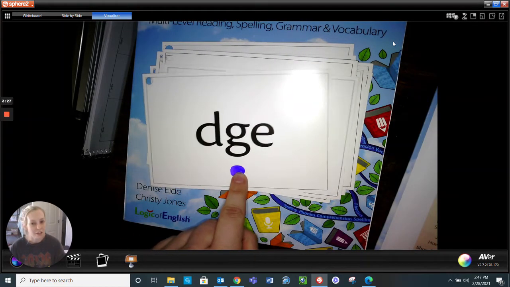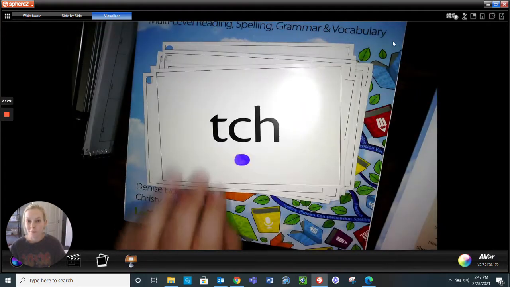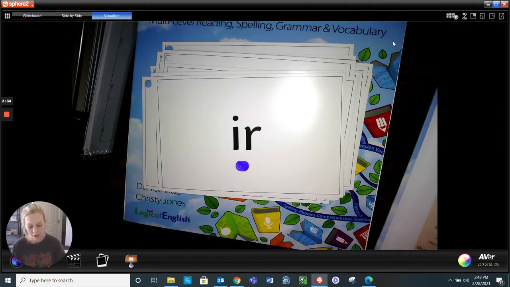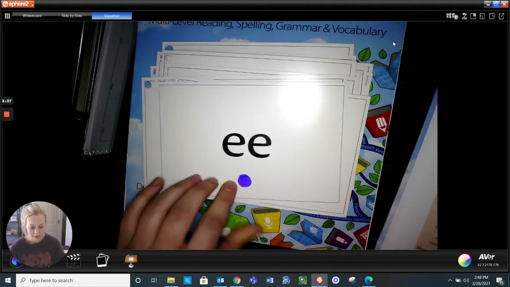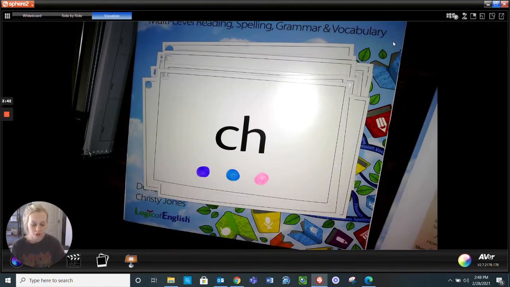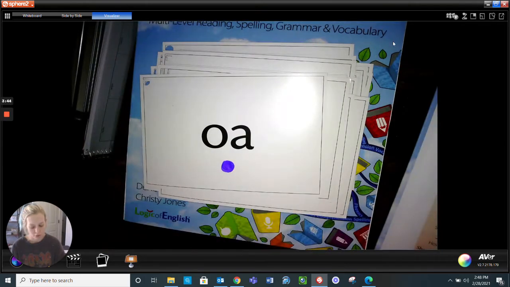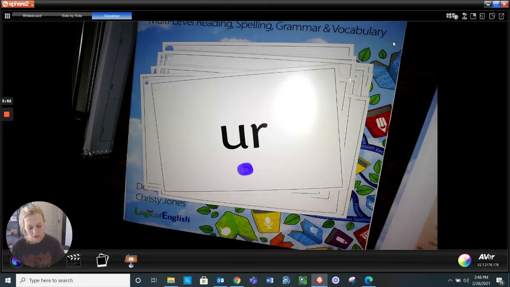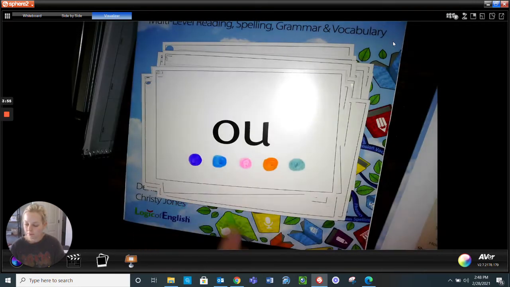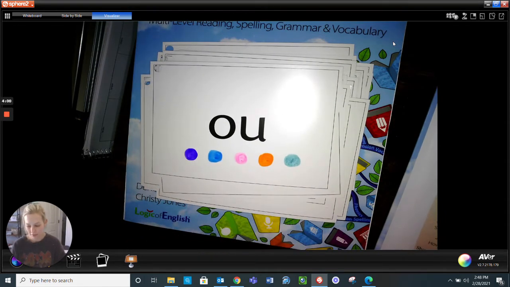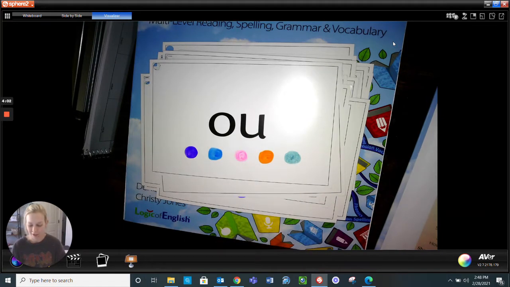J, 3-letter J. Ch, 3-letter ch. The of bird. E, double E. Ch, k, sh. O, 2-letter O may not be used at the end of English words. The of hurt. Ow, o, oo, may not be used at the end of English words.